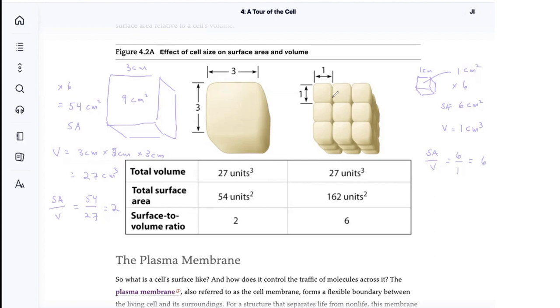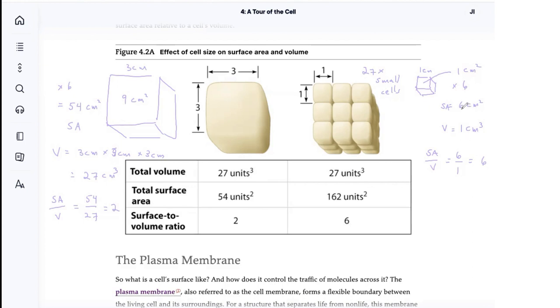So instead of making one large cell, if you were to make 27 small cells, your total volume would still be 27 centimeters cubed. But now we've got 27 small cells.